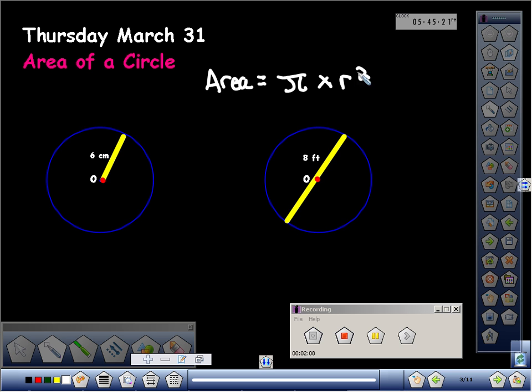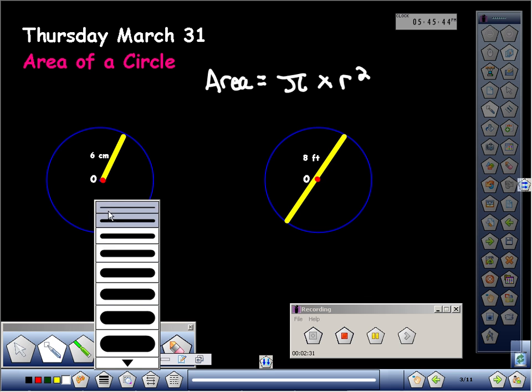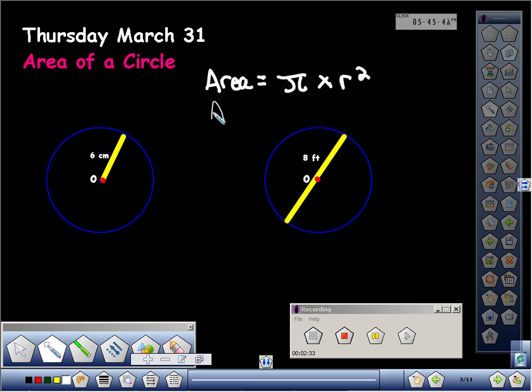But no. Write this in your notes and make sure you're clear. Radius squared doesn't mean radius times 2. It means radius times radius. It means the radius times itself. So we could actually say area equals pi times radius times radius, because that's what radius squared means.